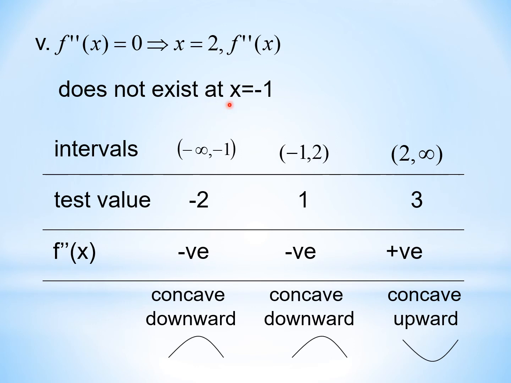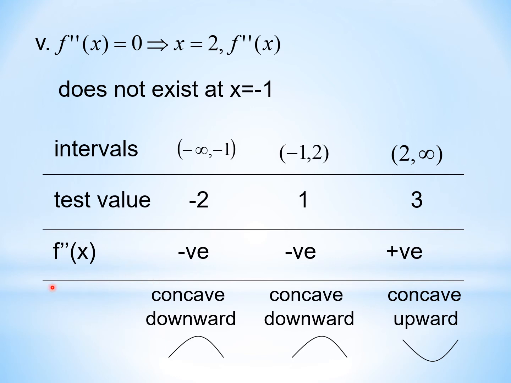It does not exist at x equal to -1 because our denominator just now cannot be equal to 0. Again, you use the table, divide your intervals. Start from -infinity until -1. -1 is the critical value you found just now. -1 until 2, 2 until infinity. Okay, then you test for the value and then you make conclusion.